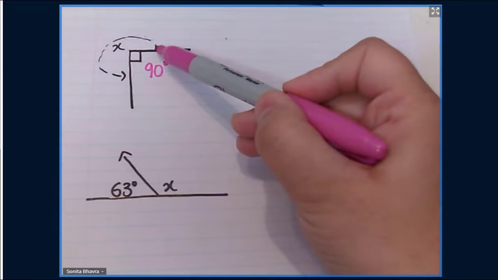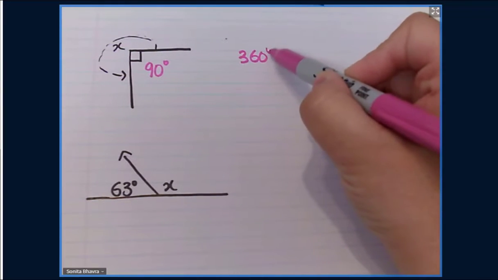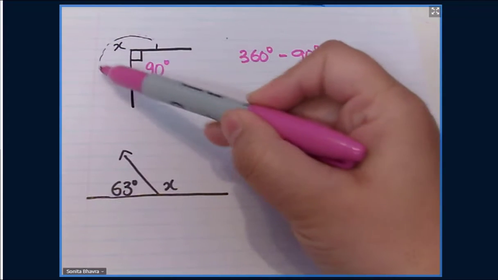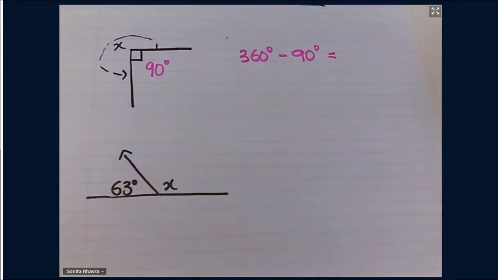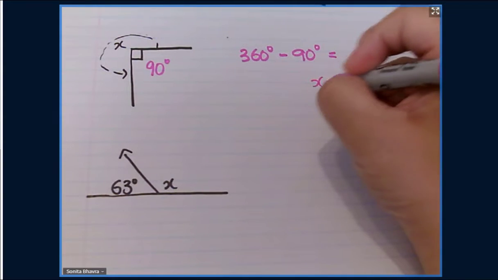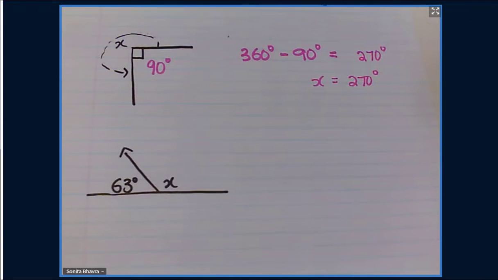So to figure out this reflex angle, we just have to do 360 degrees, subtract the 90 degrees, and we'll get this section here. Right, so 360 subtract 90 gives me 270 degrees. So therefore, in this example, X is equal to 270 degrees.